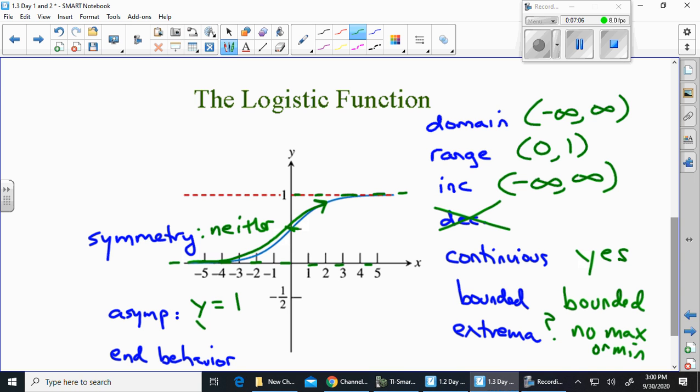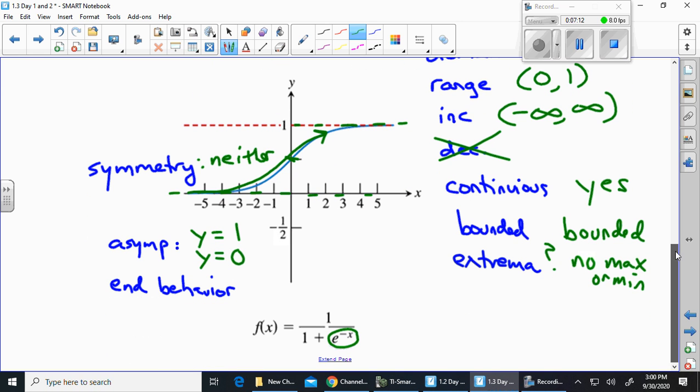Negative infinity, it's getting closer and closer to 0. It does not have any vertical asymptotes, so those are y's. End behavior, you're always going to write as x goes to infinity. As you look to the right, where's your graph going? Well, this one is getting closer and closer to 1. As I look to the left, where's my graph going? It's getting closer and closer to 0.